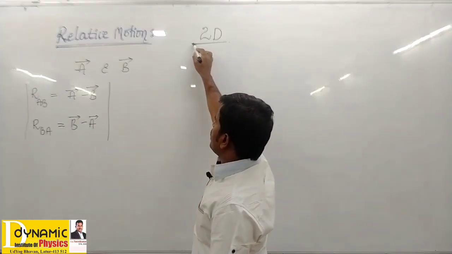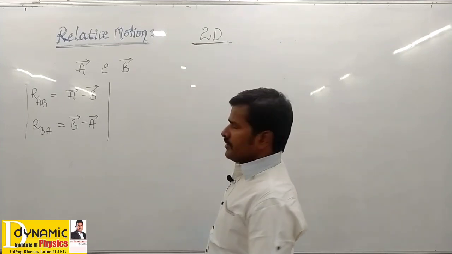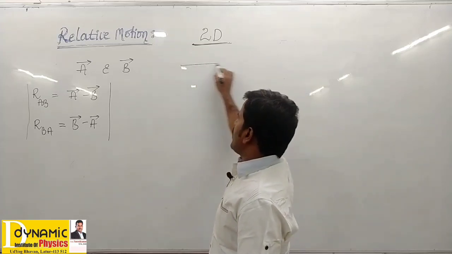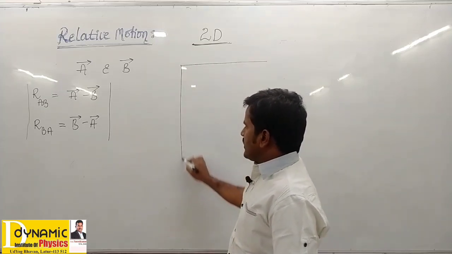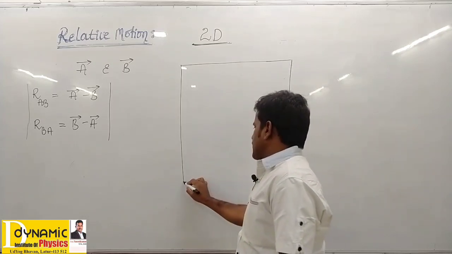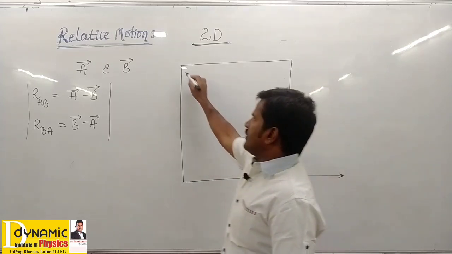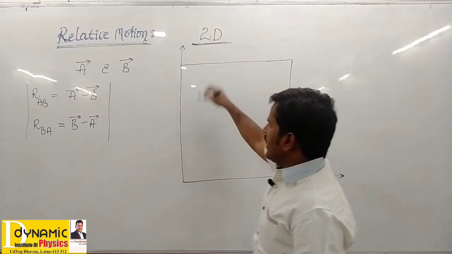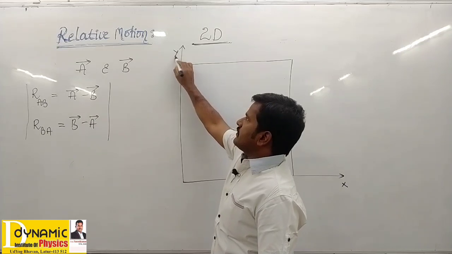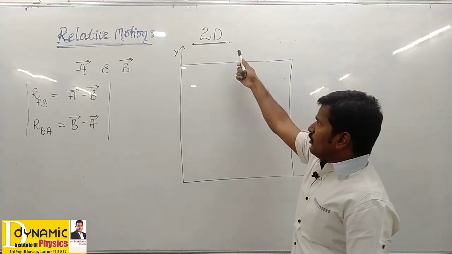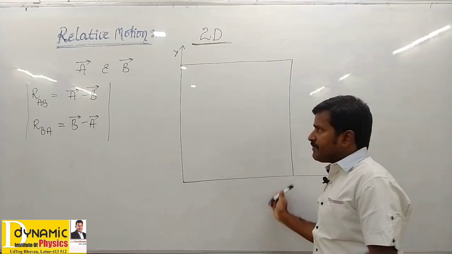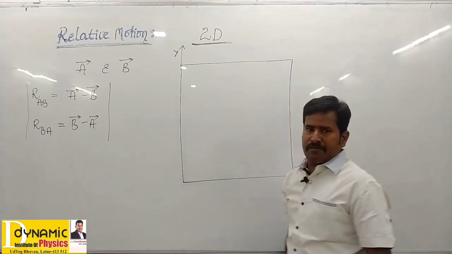Now, relative motion in two dimensions. Two-dimensional means using one plane, the x and y plane. This is the x-axis and this is the y-axis. In the xy plane, that means two directions of displacement: one is x direction displacement, another is y direction displacement.